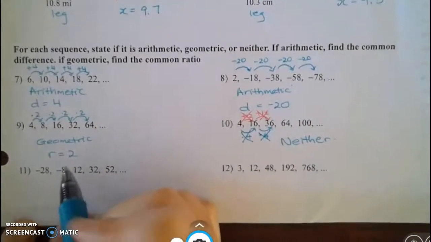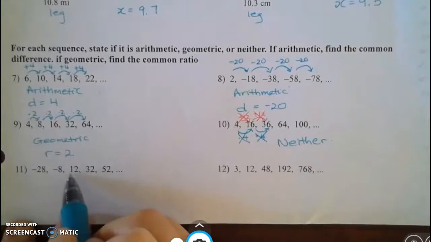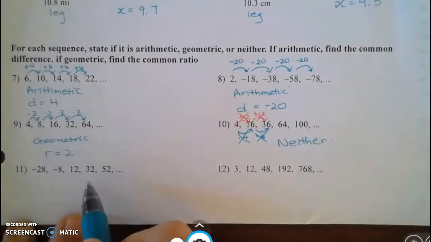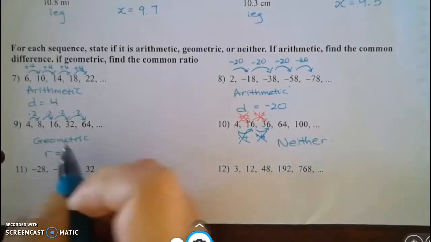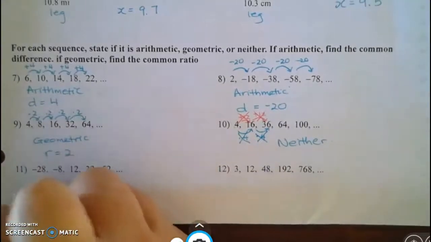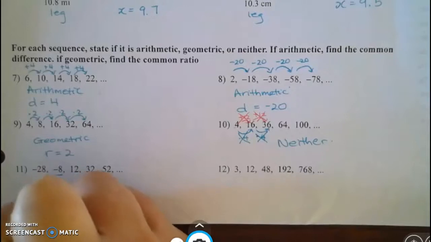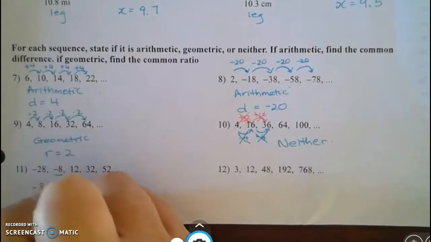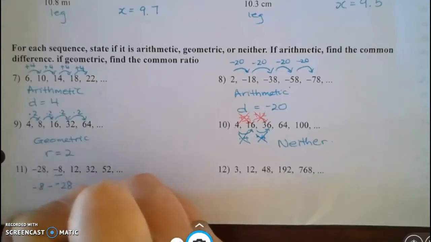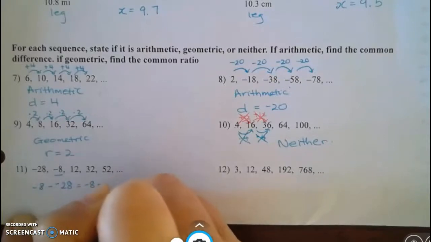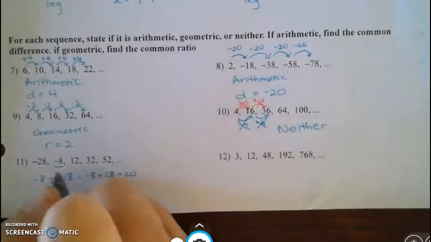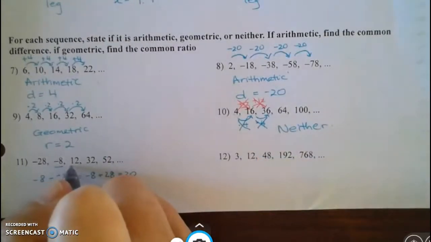Okay, what about this? Negative 28, negative 8, 12, 32, 52. What you can do is, first you look for a common difference. You get the next value, which is negative 8, and subtract the previous value, negative 28. Negative 8 minus negative 28 is the same as negative 8 plus 28, which is 20. Then I check to see if this is the same as well.